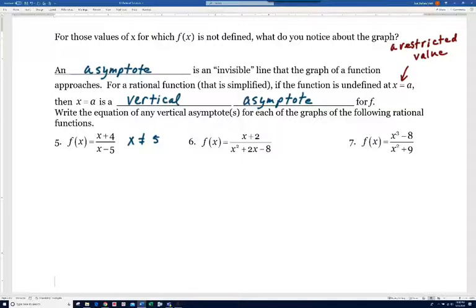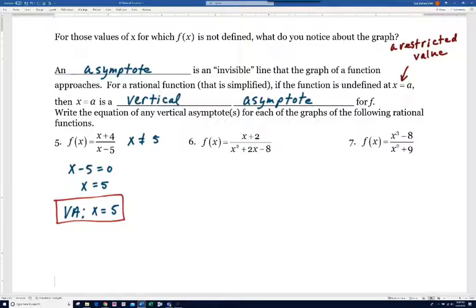Sometimes it won't be as obvious. What we really want to know is what value of x makes the denominator 0. So all you really need to do is set your denominator equal to 0, and when you solve for x, you'll find your restricted value, and of course that's where you're going to have your vertical asymptote.